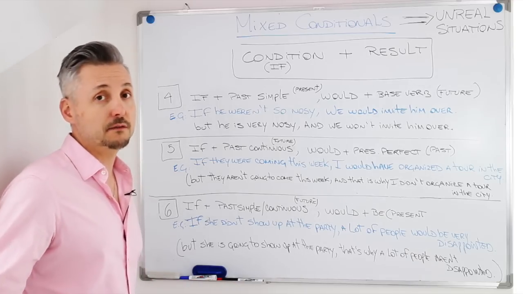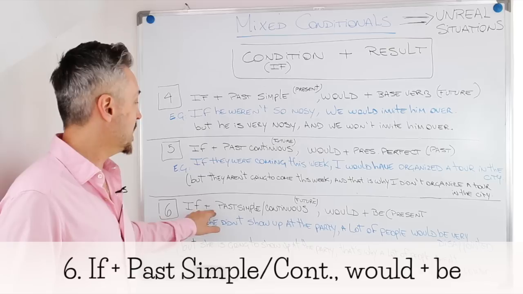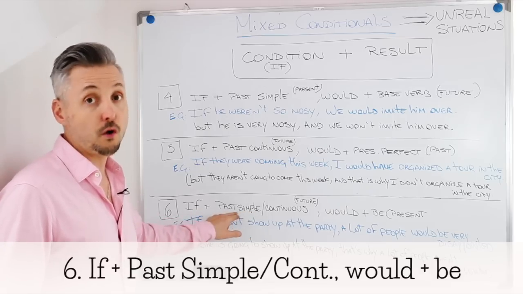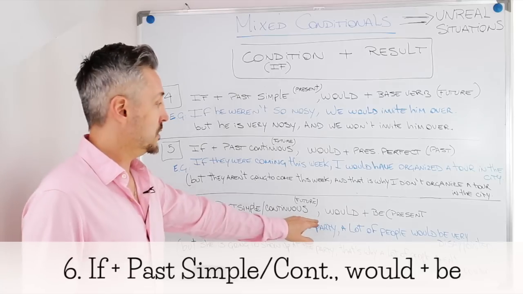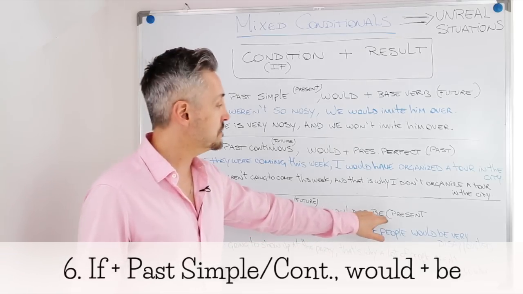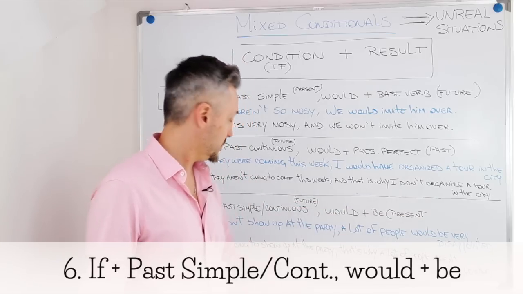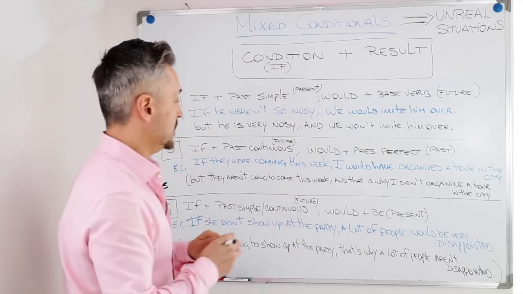And the last one, finally, the sixth pattern is if plus past simple or past continuous, referring to a future condition. And then we have would plus be, referring to a present result.